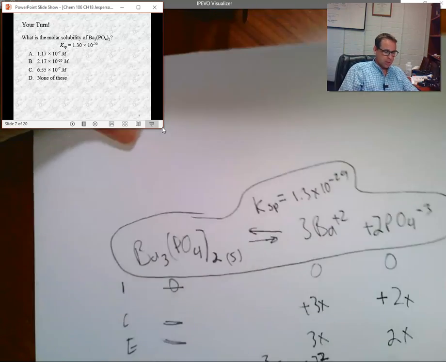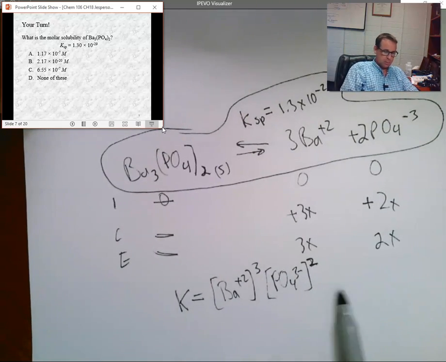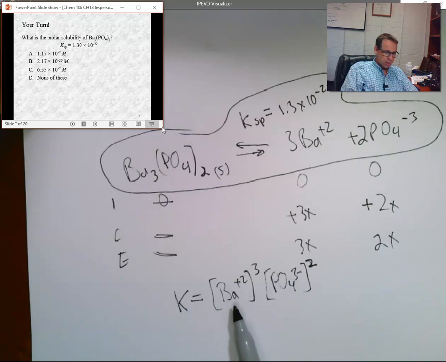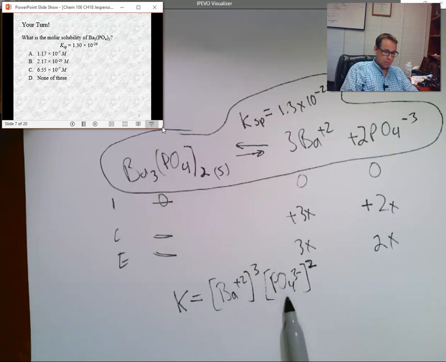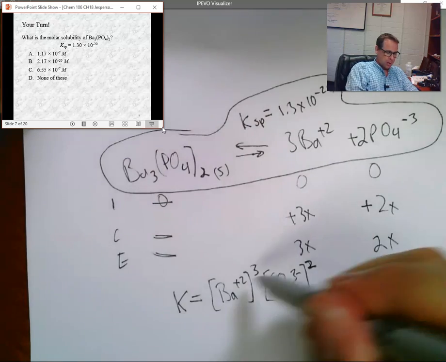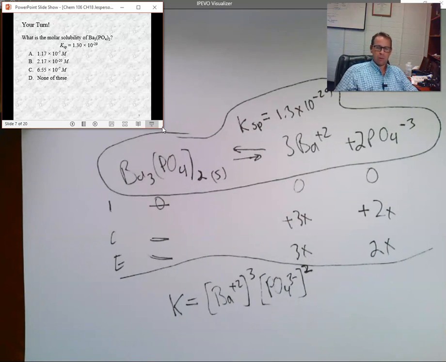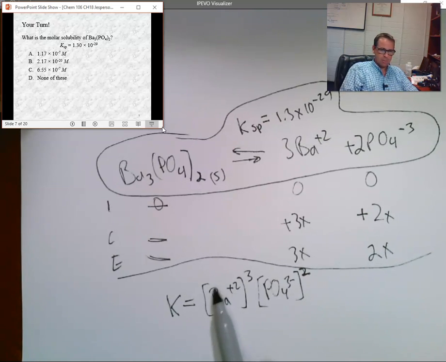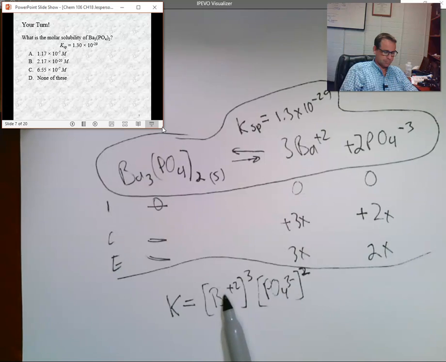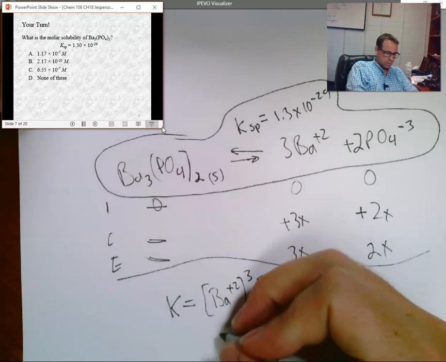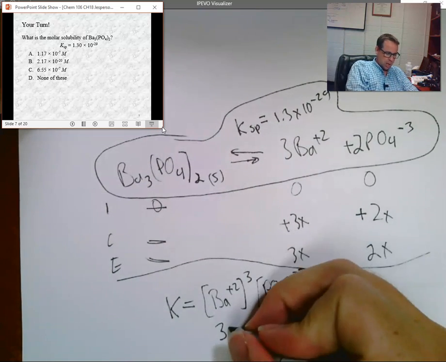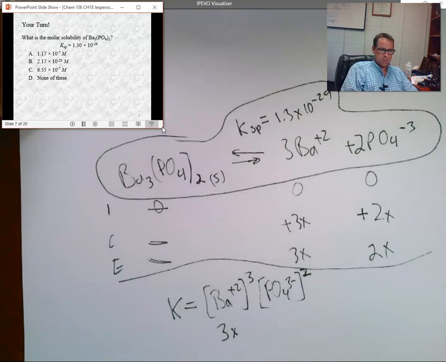Now we just need to put into this expression the concentration of barium at equilibrium and the concentration of phosphate at equilibrium as defined by our ice table, right? So what's the concentration of barium at equilibrium? 3x, right?